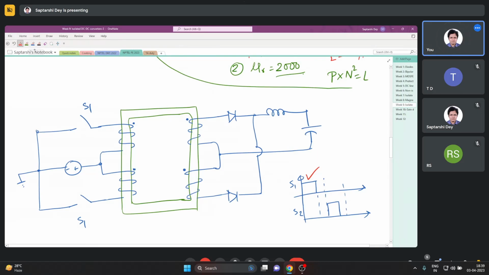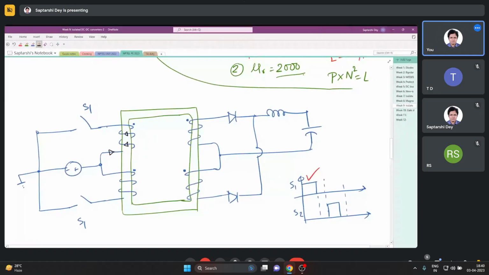So we will look at the direction of flux. When S1 is turned on, the current flows like this, flows like this. This is the core.